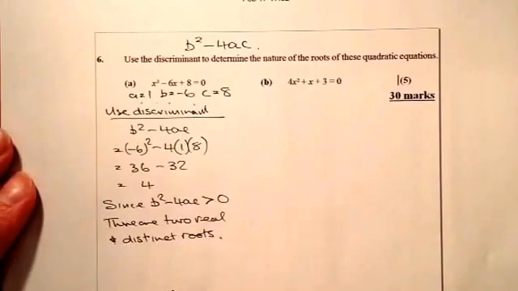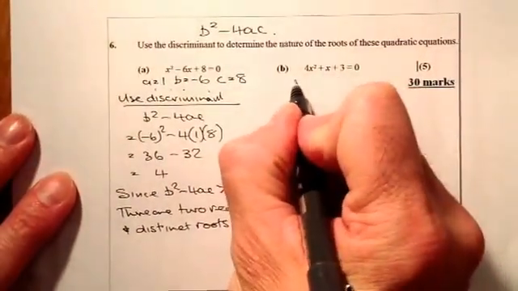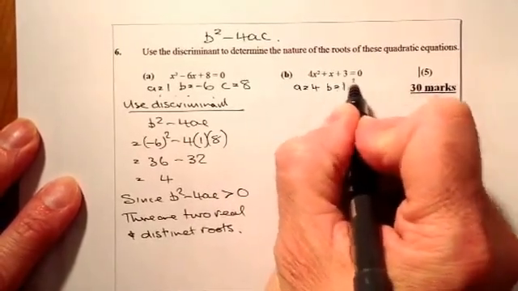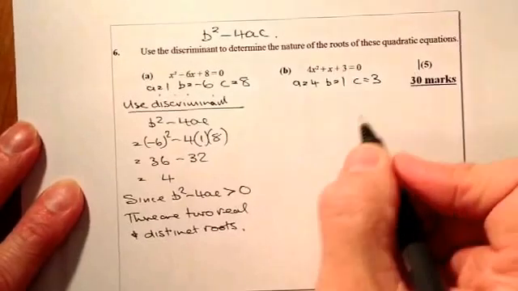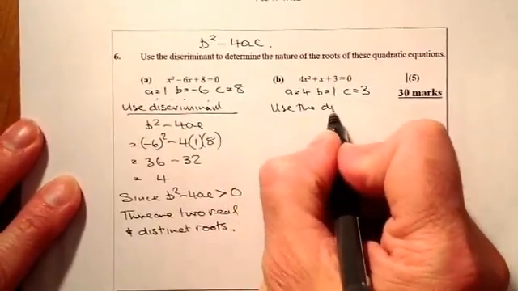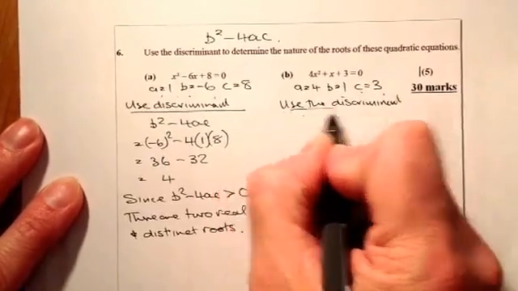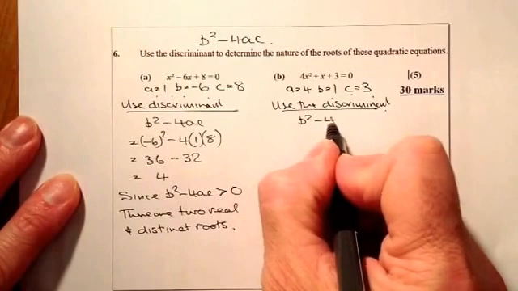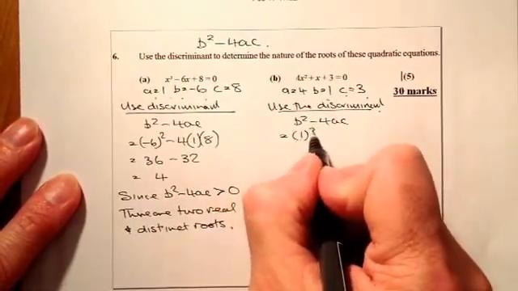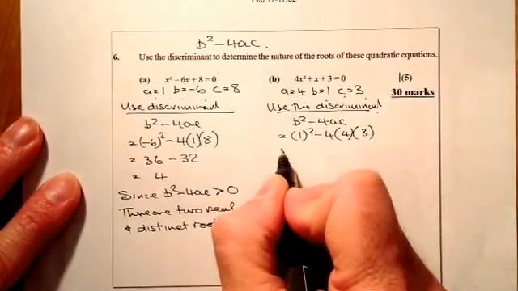Okay. For the last part, here we go. So I'll go for my a value being equal to 4, b value being equal to 1, and c equal to 3, using the discriminant. We'll go for b squared minus 4ac, and we've got 1 squared minus 4 times 4 times 3.